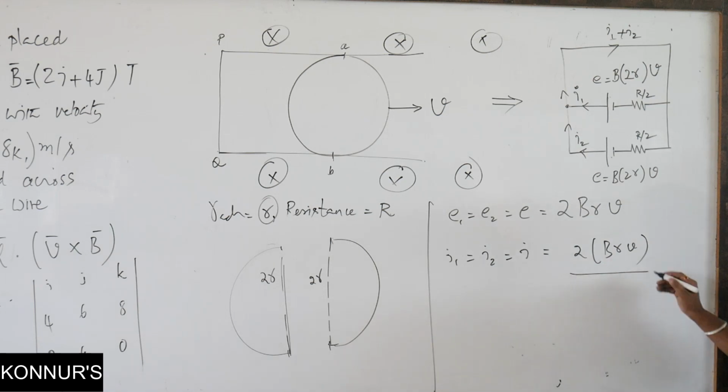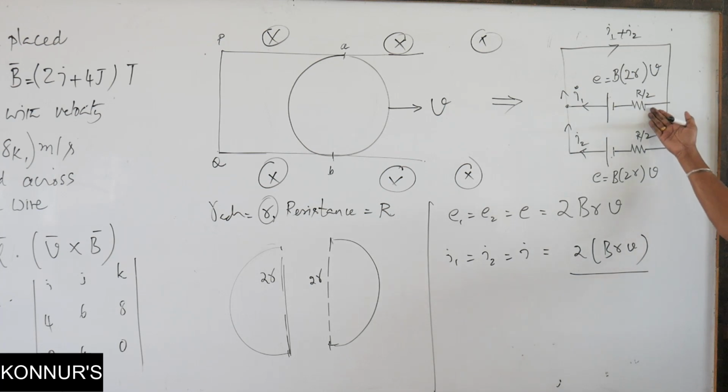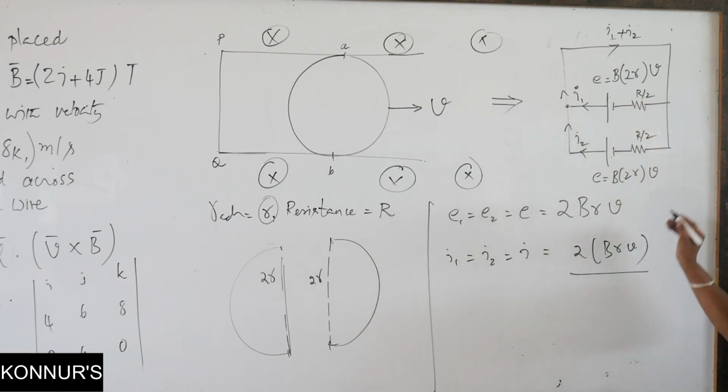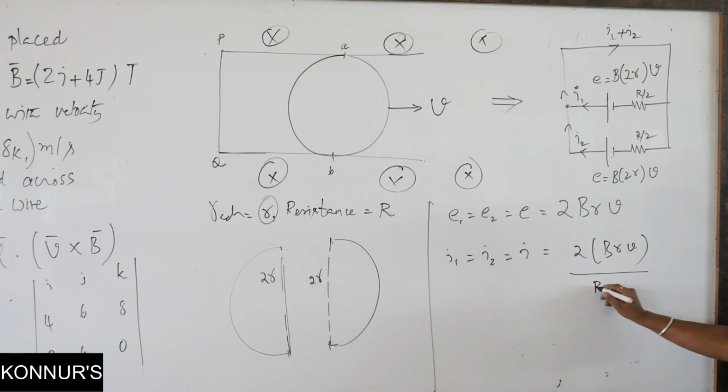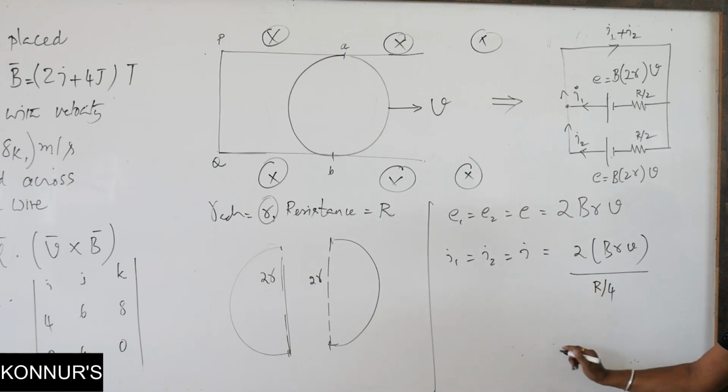Now, what is the resistance of the circuit? We have been told that for the railing it is 0 resistance. Therefore, whatever resistance is there is due to this part of the ring only. This is R by 2 and this is also R by 2.